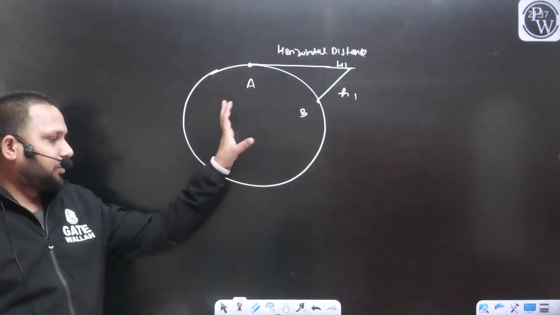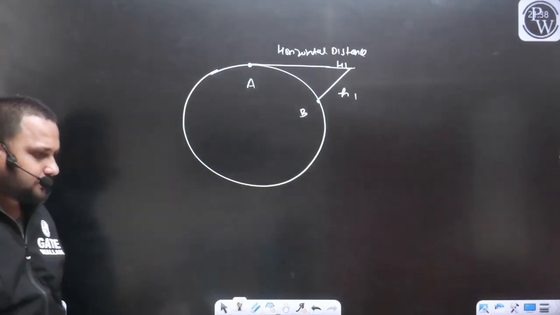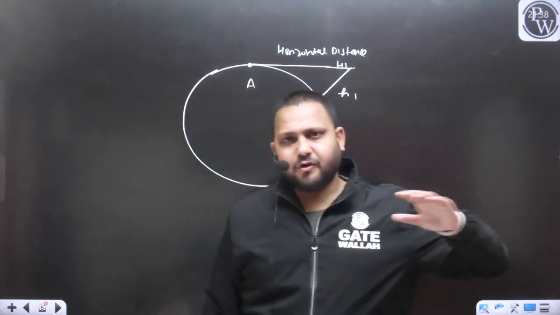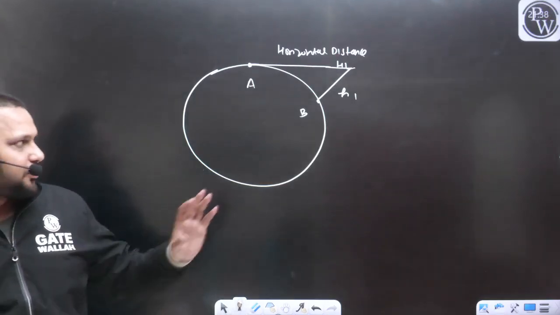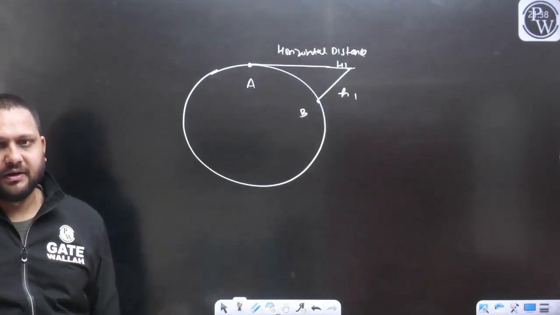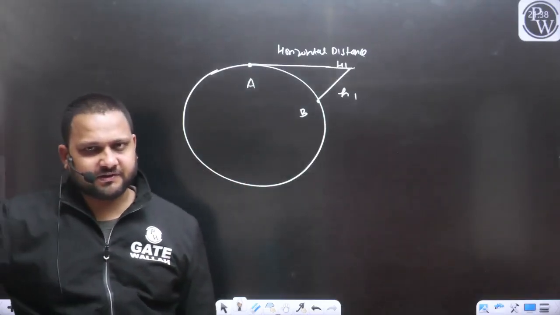So if you want to increase the visibility of this horizontal distance, what should you do? You need to increase your height, yes or no? For example, from the first floor you will be able to see a certain horizontal distance.